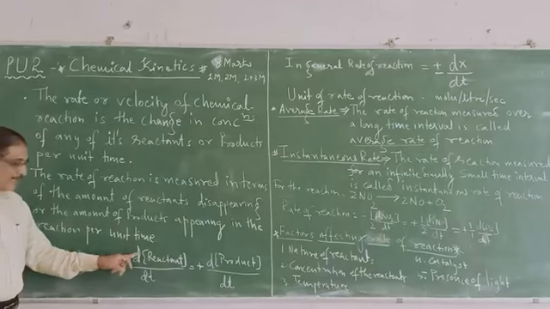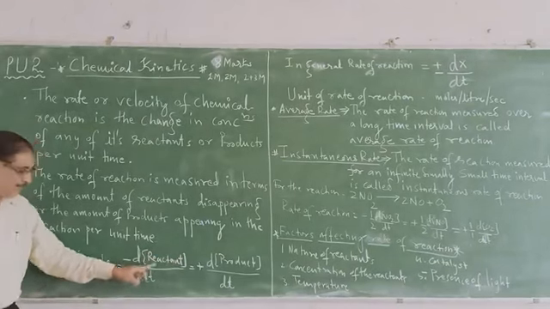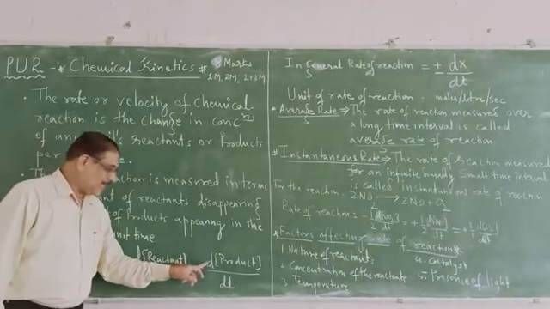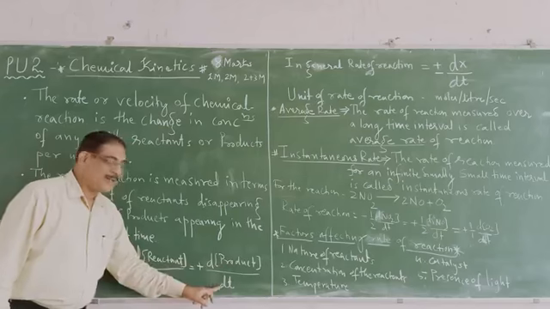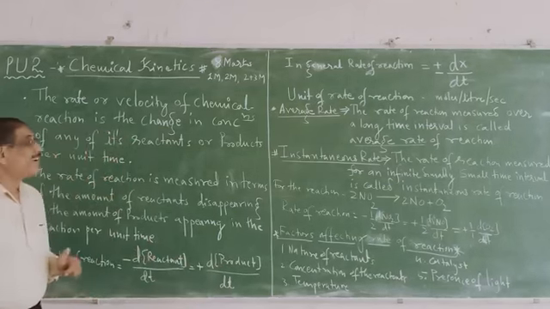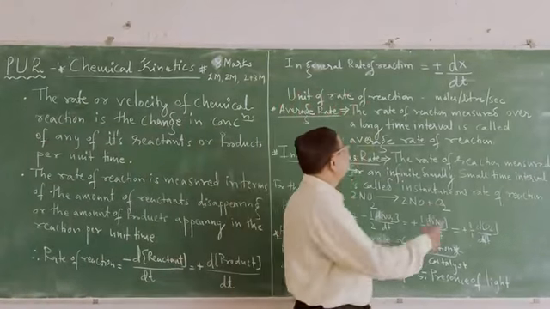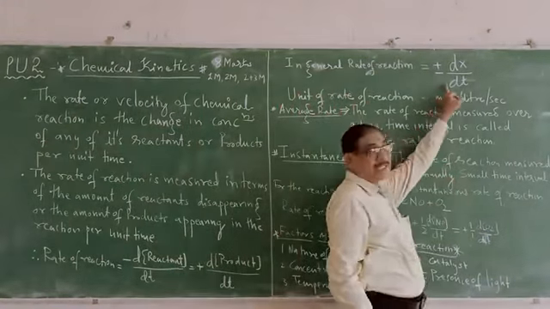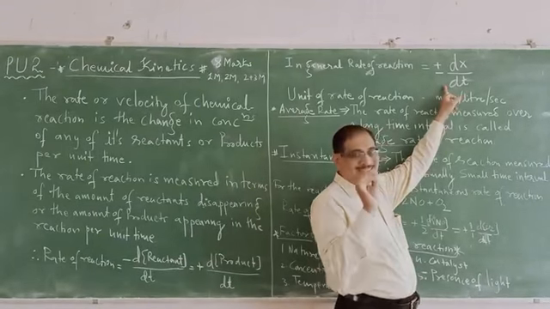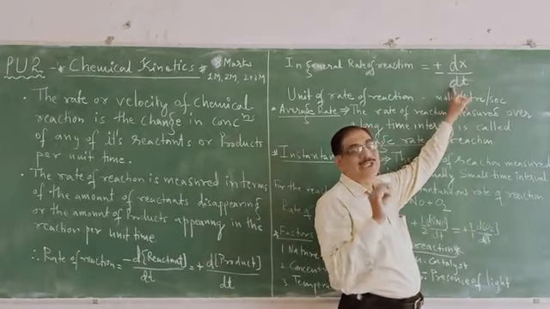Minus d of molar concentration of reactant with dt is equal to plus d of molar concentration of product with dt. In general, we can write the general rate of reaction as plus or minus dx by dt. Here, what is the x factor? Here x is concentration and t is time, dt is change in time.